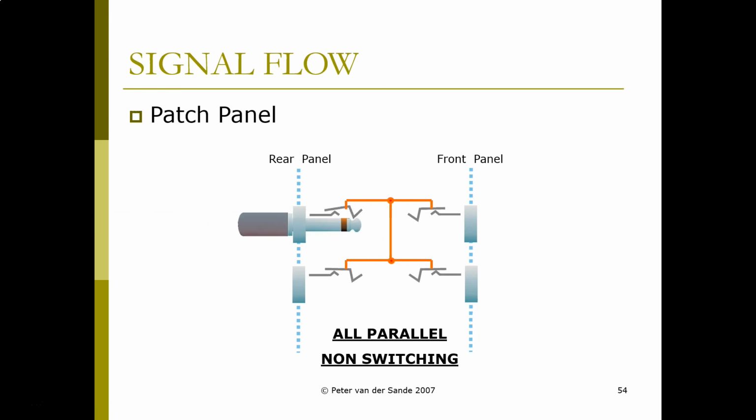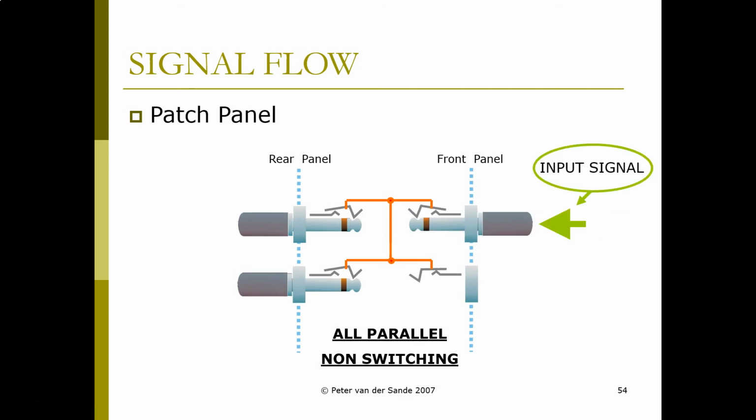And when you plug a cable in to the left side to the rear panel, if you notice, the signal is going from the tip of the top connector to the tip of the bottom connector, and it's also hooked up to the tip on the right-hand side of each of the 2 connectors.